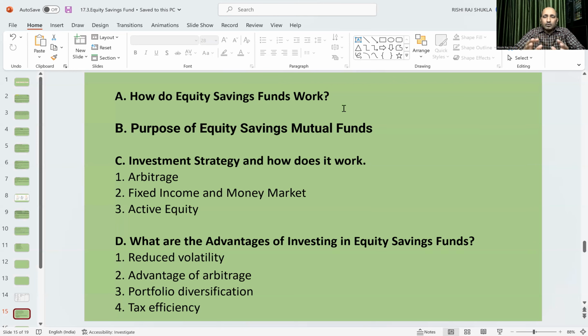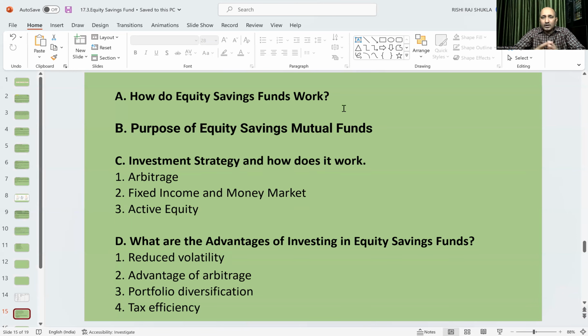So there will be quite reduced volatility and return will be in expected line. Another advantage, again of arbitrage: whenever there is too much volatility, they will get more opportunity and take advantage of this arbitrage portion, which is 35 to 55%.